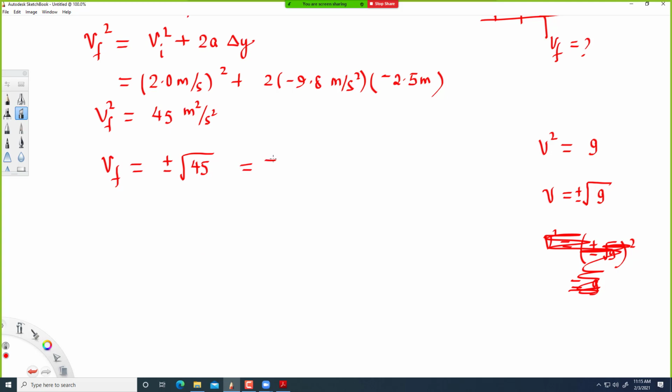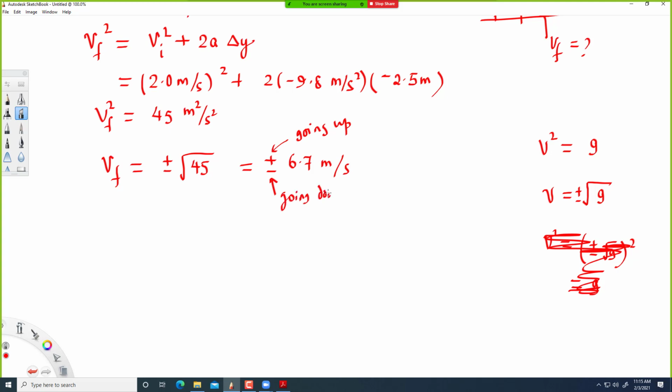Okay. So you need to find the value of square root of 45. If you use your calculator, it will give you 6.7. Okay, the unit of velocity is meters per second. Now plus minus has a physical implication here. This means going up, this means going down.